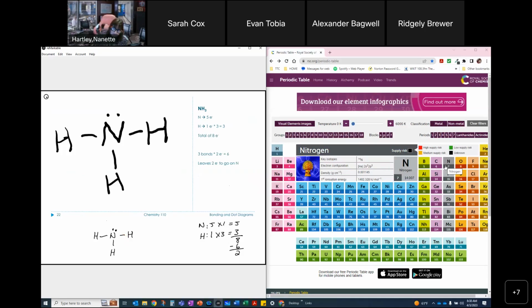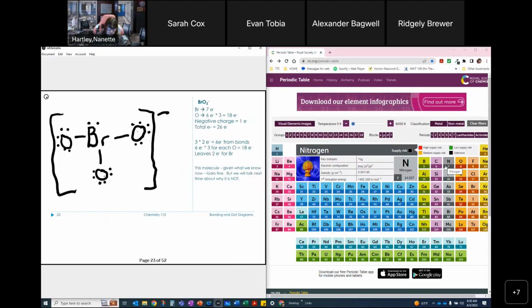Okay, let's try one more. And I'm going to end up with a structure that looks something like this. And you'll see that there are brackets around this and a negative charge on the outside. And that's because this thing actually has a negative charge. So we need to indicate that in some way. There has to be a way to account for the fact that there's an additional electron. But let's start at the beginning.